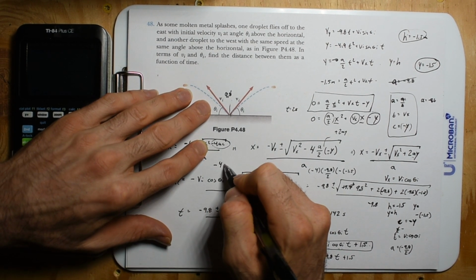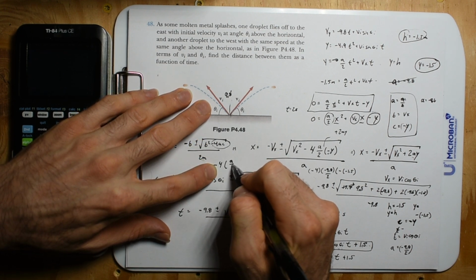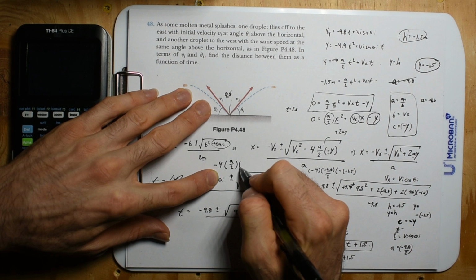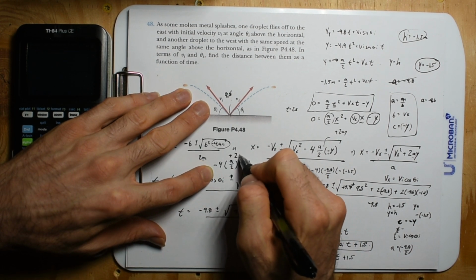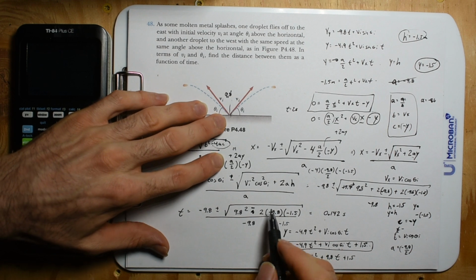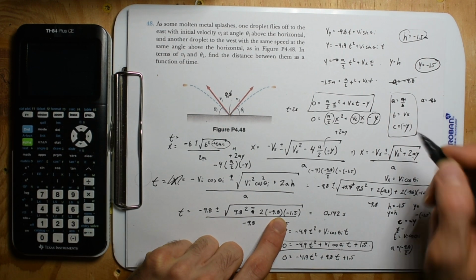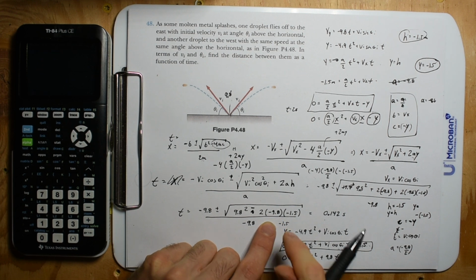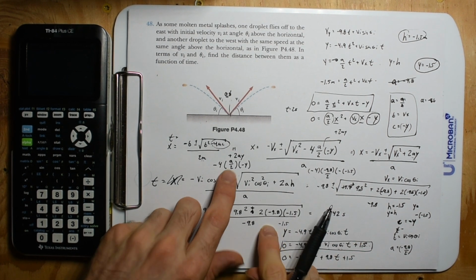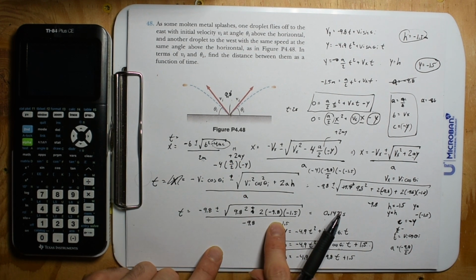So we have minus 4, A is a divided by 2, C is negative y. So then we're going to have plus 2ay. And y is h, which is negative 1.5, so it's still plus 2ay. And we should be good there.